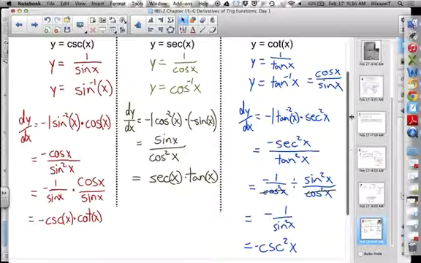Or a negative 1 over secant squared, over sine squared. And then that would have given you a negative cosecant squared. But either way, the nice thing again with these is that you really only have to have memorized the sine and cosine.